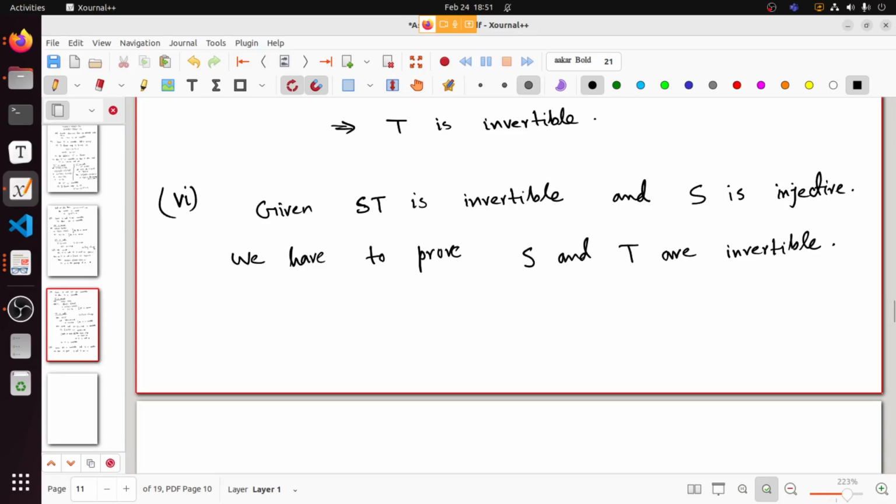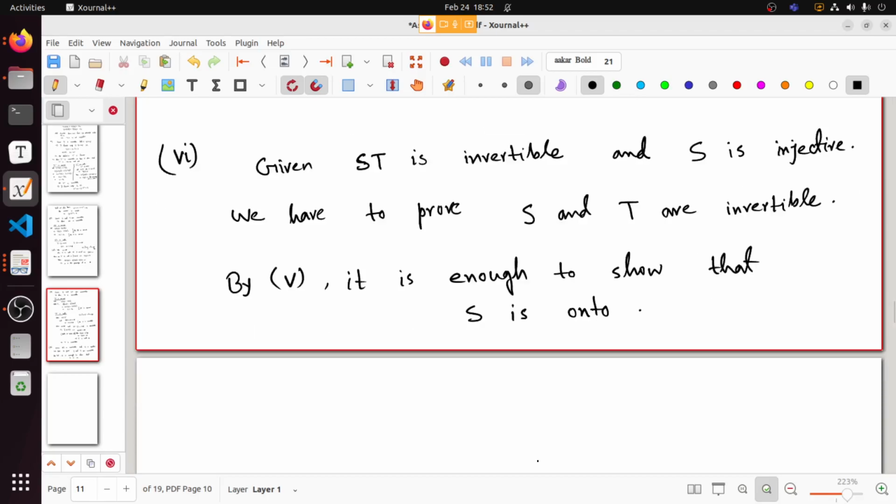Note that earlier we have shown that if S and ST are invertible, then T is invertible. So by 5, it is enough to show that S is onto, right?